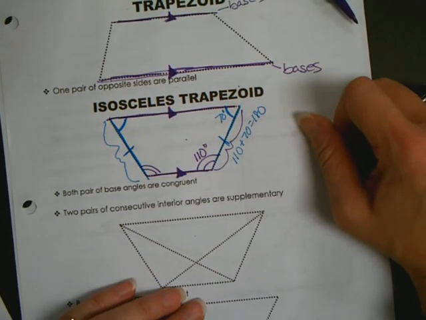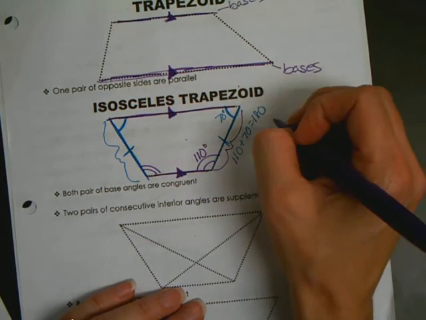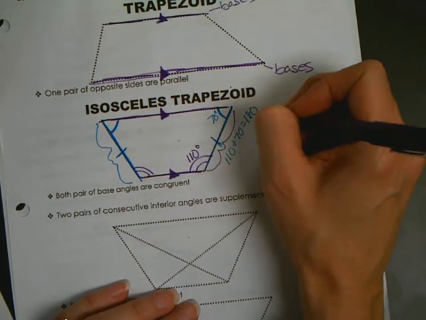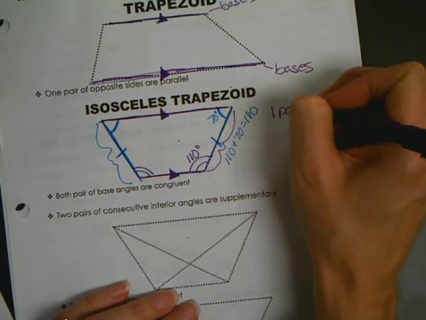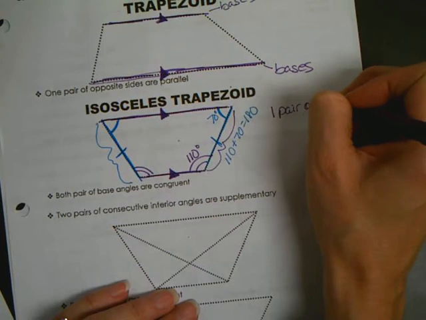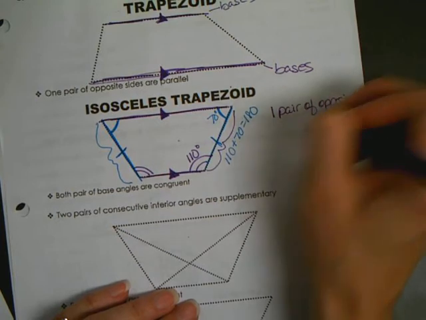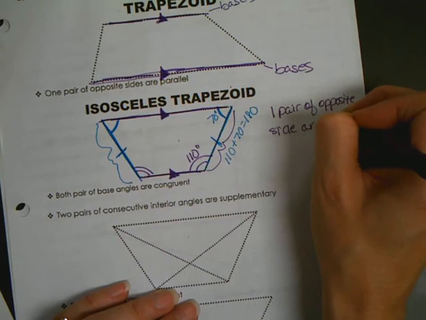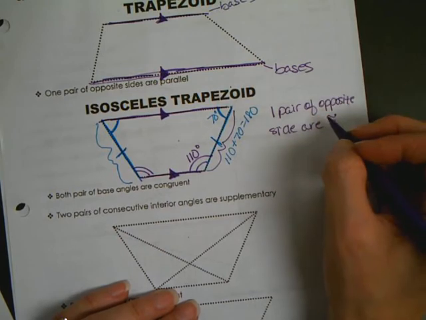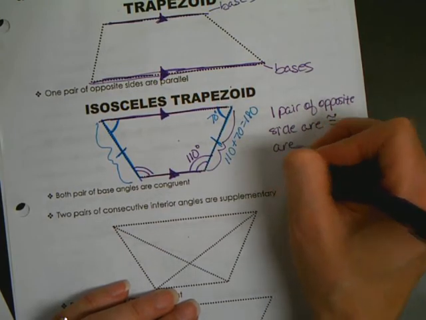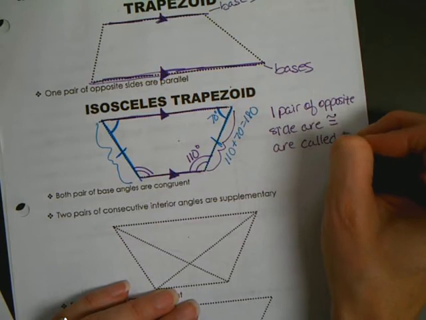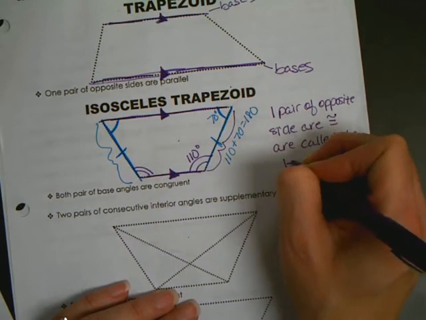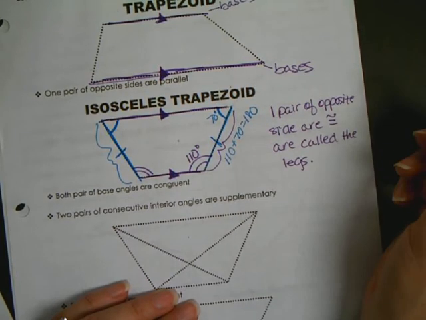To make a note, the one pair of opposite sides that are congruent are called the legs. And that's just like in an isosceles triangle.